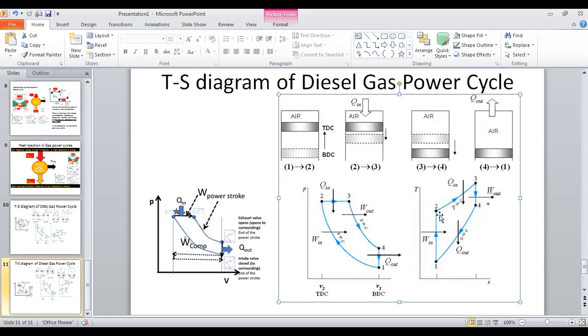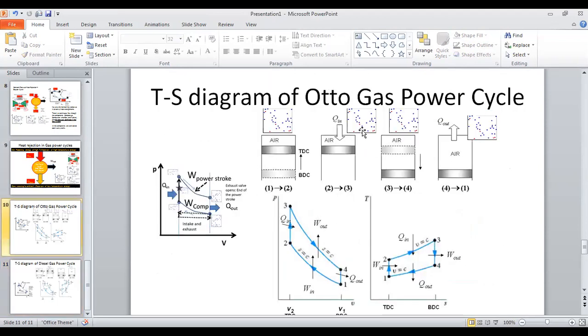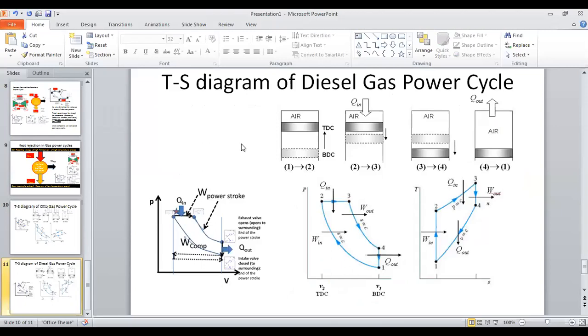Then for this case, 2 to 3, compression ignition or constant pressure heat addition. In the same way as here, you have to think of the working fluid. That is very important.